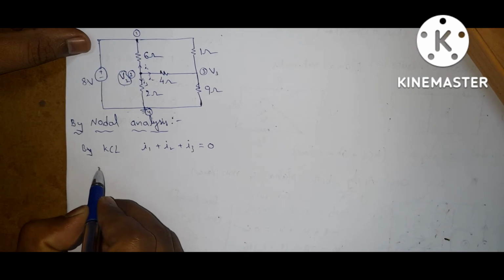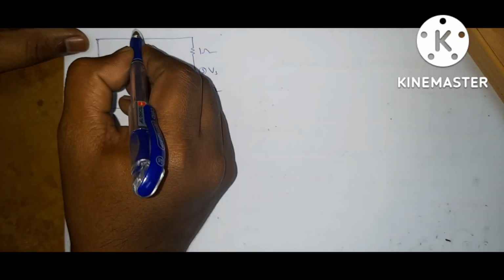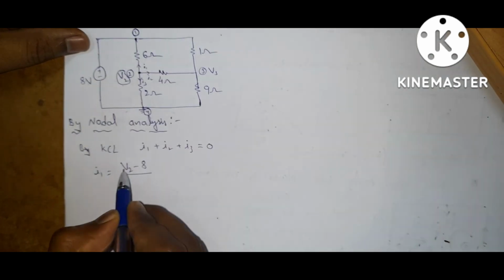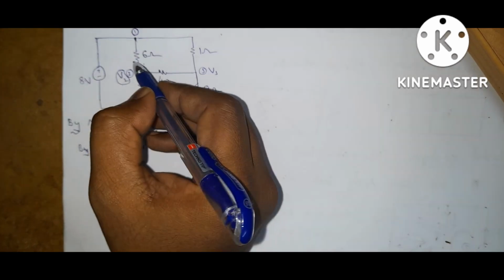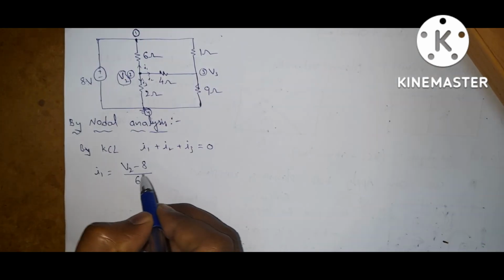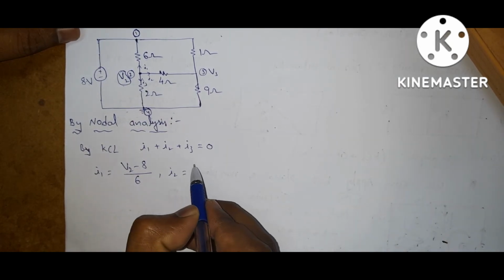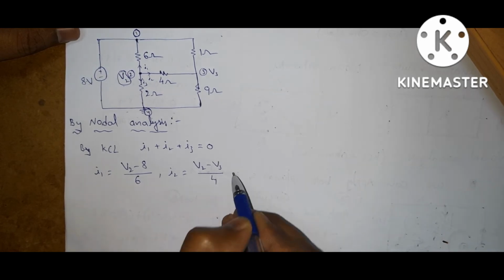Now what is I1? By Ohm's law, I1 is equal to V2 minus 8 by 6 ohms, the difference between voltages by resistance. I2 is equal to V2 minus V3 by 4.